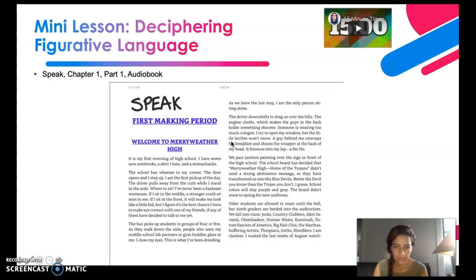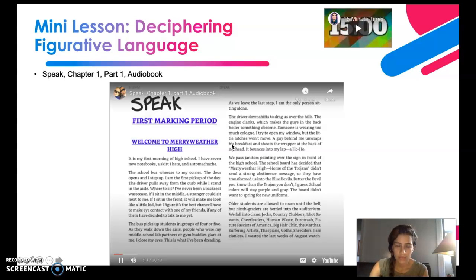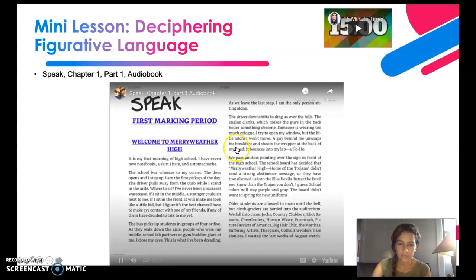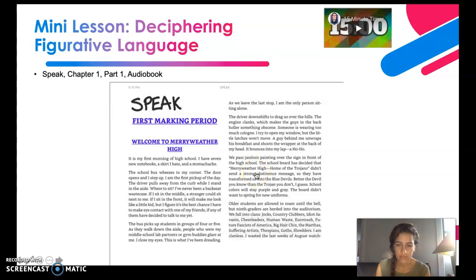We pass janitors painting over the signs in front of the high school. The school board has decided that Meriwether High, home of the Trojans, didn't send that strong abstinence message, so they've transformed us into the Blue Devils. Better the devil you know than the Trojan you don't, I guess. School colors will stay purple and gray. The board didn't want to spring for new uniforms.